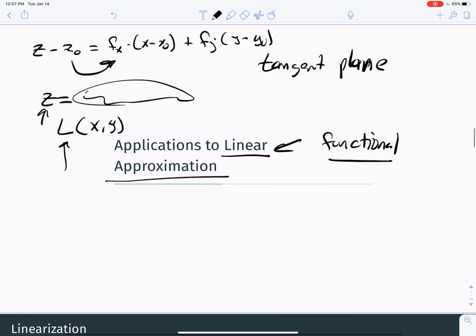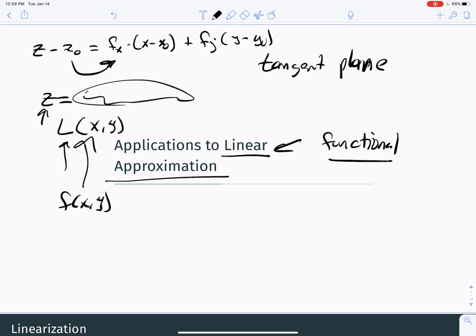So you have this function f of x y, the original function, and we're replacing it with its linearized version, okay? Which should be simpler because a linear equation is simpler than a more complicated original function.